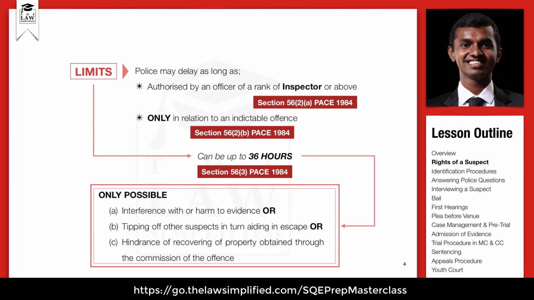If any of these things are possible, the determination of whether a suspect would do that or not might be based on his past record, or this investigation has been going on for such a long time that they know this guy has a propensity to do this.